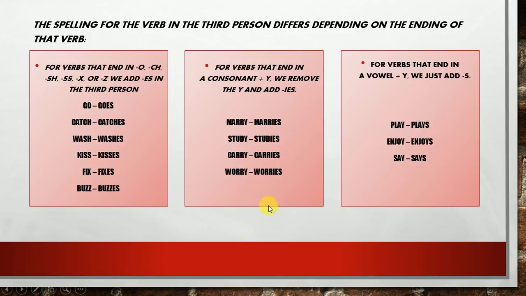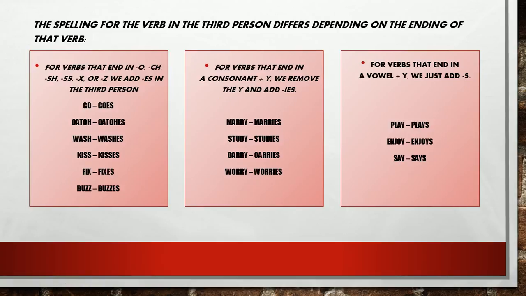For example, in this chart, for verbs that end in O, CH, SH, SS, X, or Z, we add ES in the third person. Let's look at some examples. Go, goes, catch, catches, wash, washes, kiss, kisses, fix, fixes, and buzz, buzzes. So you have to keep in mind these kinds of rules in order to apply the simple present tense in the best way.